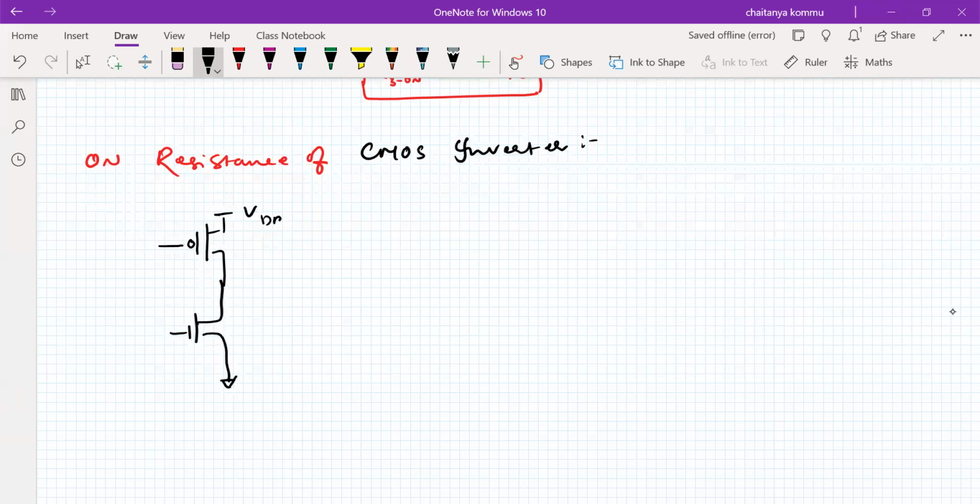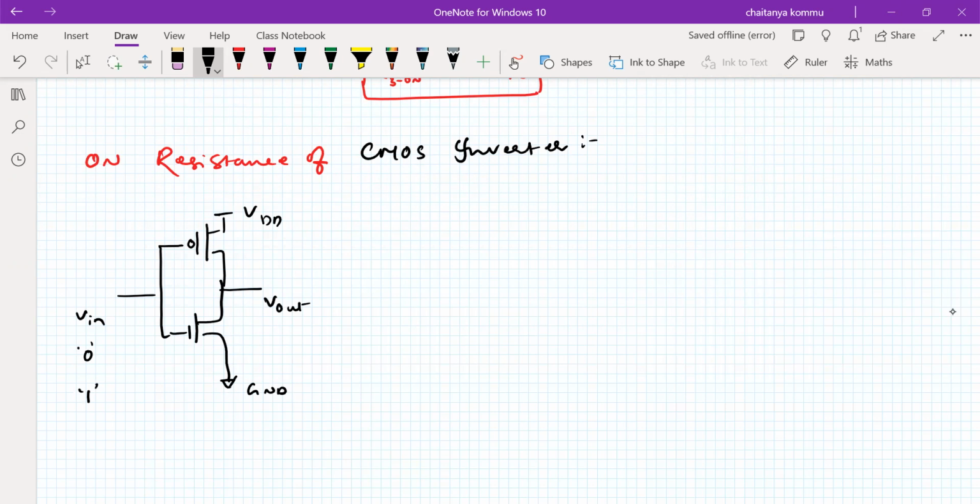When both the transistors are on under steady state condition, Vin is 0 for a long time. You keep it like that. What is the resistance value? Otherwise you can put Vin equal to 1 for a long time and see whether both the transistors are on or off.